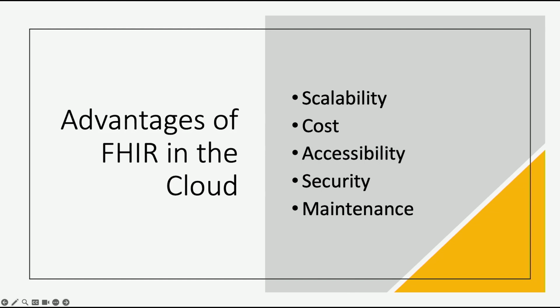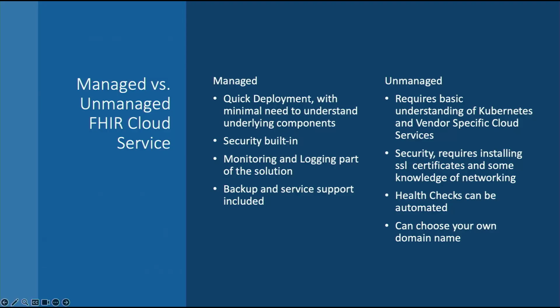Cloud-based FHIR servers can be easier to maintain, since the cloud provider provides updates to the infrastructure. So there's a lot of advantages to running Kubernetes in the cloud in terms of deploying your FHIR server.